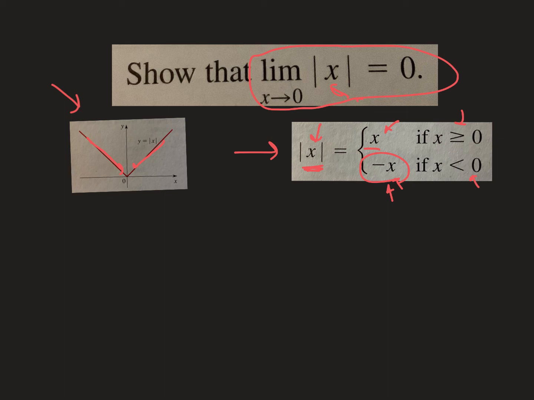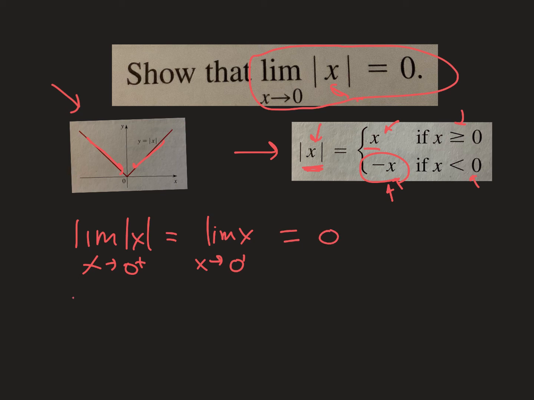That's how you'd write the absolute value as a piecewise function, which helps us do this limit here. So I'm going to do the limit of each one. The limit of the absolute value of x as it approaches 0 from the positive side would be the limit of x as it approaches 0 from the positive side, because that's what it equals on the positive side, and that does equal 0, just plugging the 0 in.